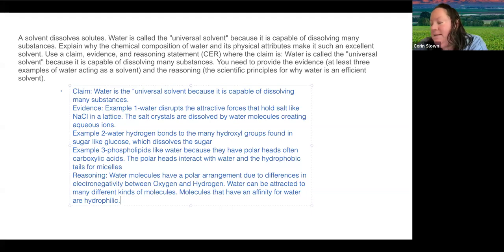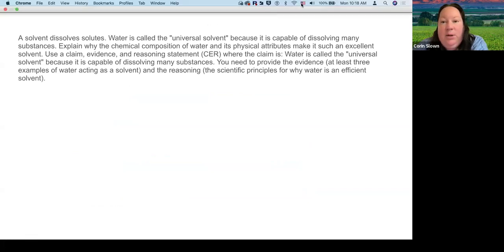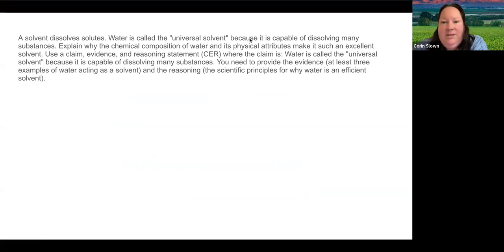Nice. So that gives you an example of a claim evidence reasoning that you can use. Okay. Those are just some examples of practice problems related to the concepts that we've been covering so far.